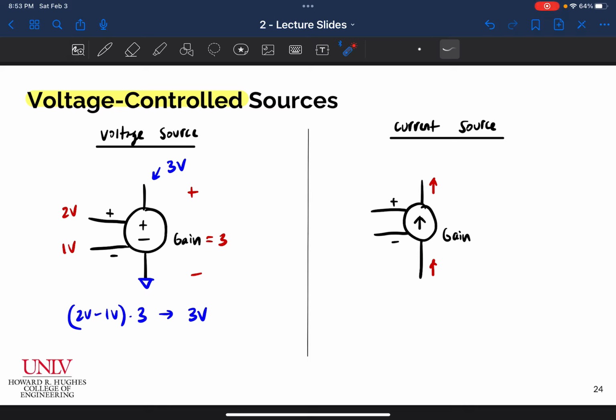So let's say that I have 2 volts in and 1 volt in on the minus terminal, and my gain in this case is, let's just say 0.001.